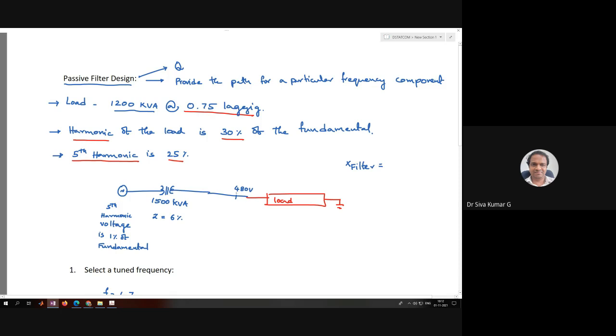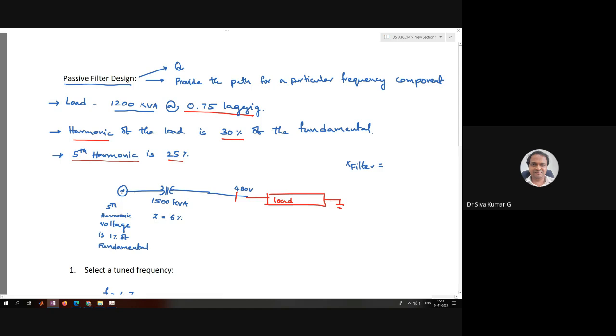And this particular load is connected at 480 volts, and this 480 volts has been connected with a 1500 kVA transformer, which has an impedance of 6%, that is, a per unit impedance of 0.06.